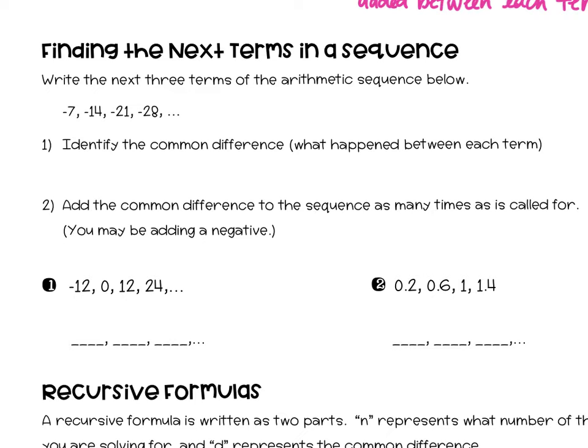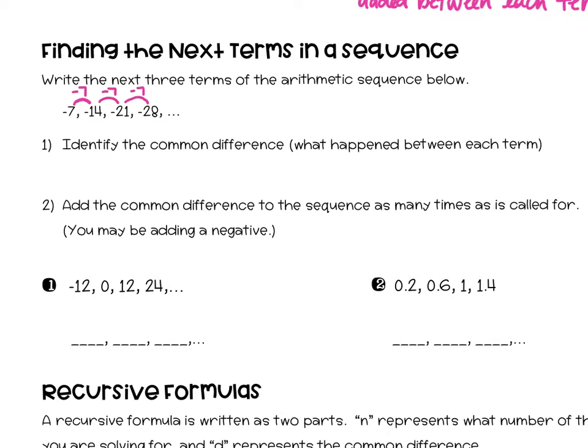So you want to see, and if you need, use your calculator to play around with what's happening and make sure you have the right number. Well, I know -7 to -14 is subtracting 7, or you can really think of it as adding -7. Check on your calculator and make sure that is still working each time. So you always want to check, because when we get into the other type of sequences, it's going to be a little bit different. Like it's not going to look like the same thing each time.